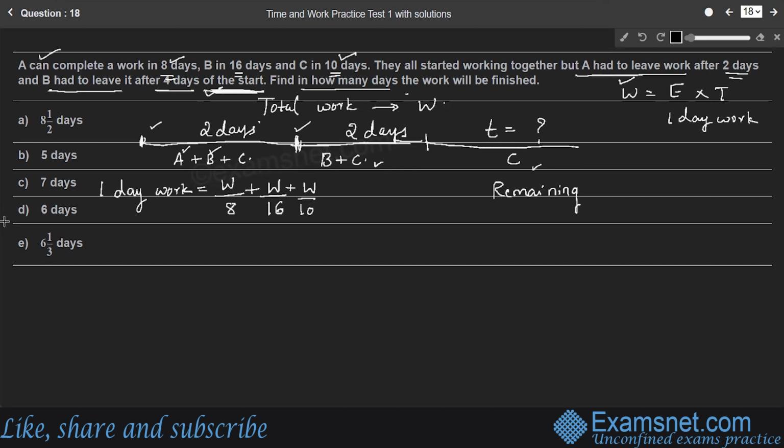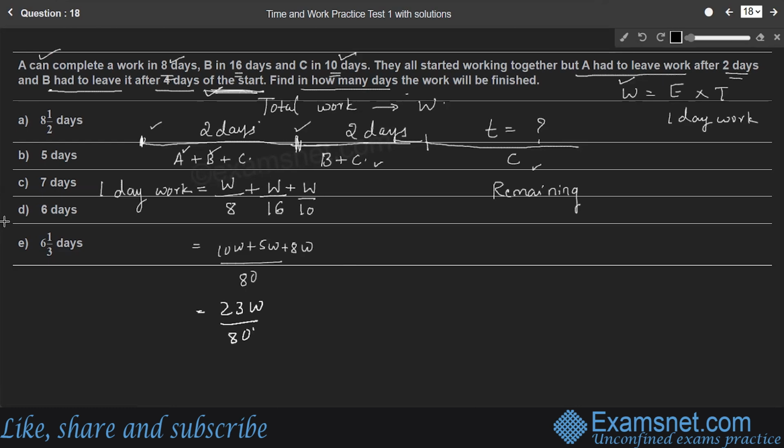Since the LCM is 80, the numerator becomes 10W plus 5W plus 8W, so totally it is 23. It becomes 23W by 80, their 1 day work.